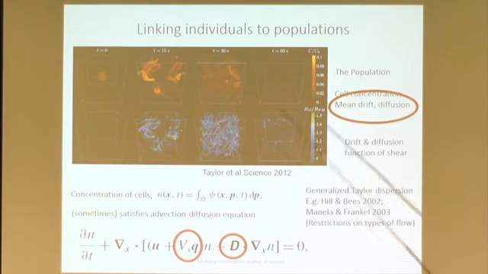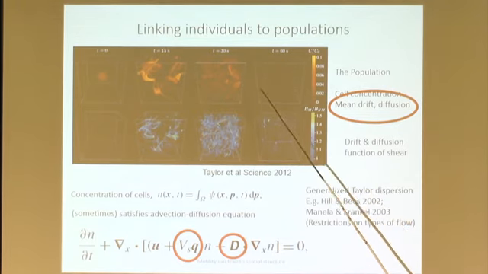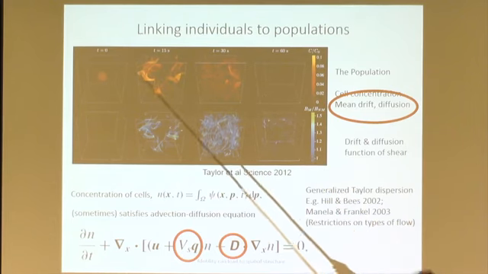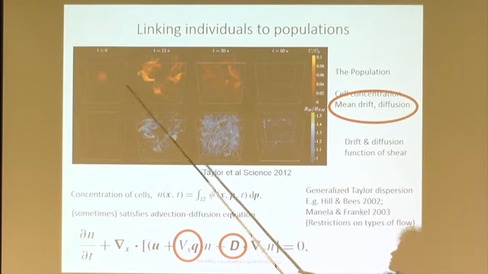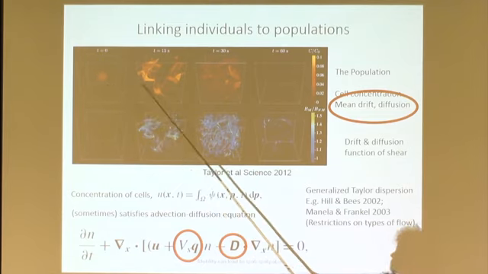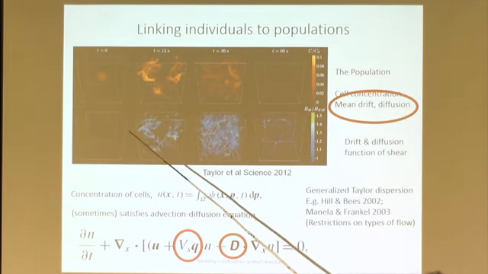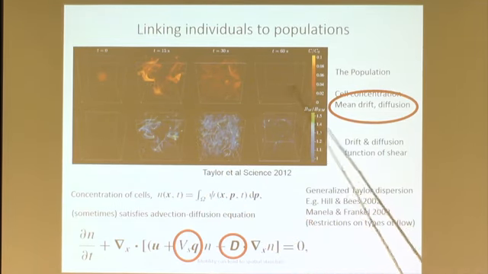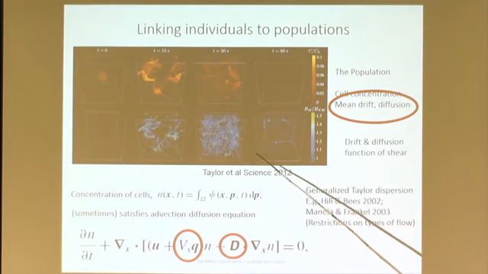The reason I put this lovely picture on, this is some work that John Taylor did, looking at bacteria. So this is, which way round is it? I think C is the chemical concentration, and this is the bacteria concentration. And this was some nice work looking at how bacteria undergo chemotaxis in turbulent flows.